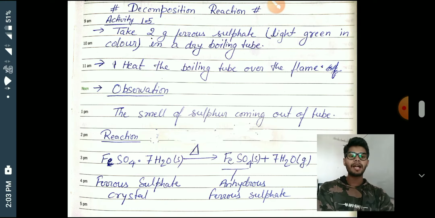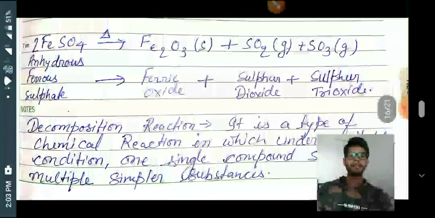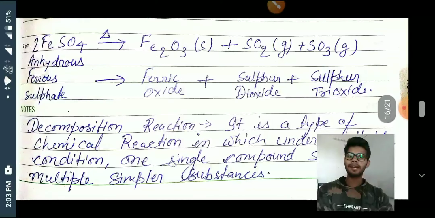We get anhydrous ferrous sulfate, which does not have any more water left in it, and along with that H2O is released in the gaseous form. The second step is that the anhydrous ferrous sulfate, with no more water in it, is heated further and breaks down into ferric oxide Fe2O3, plus sulfur dioxide SO2 and sulfur trioxide SO3.